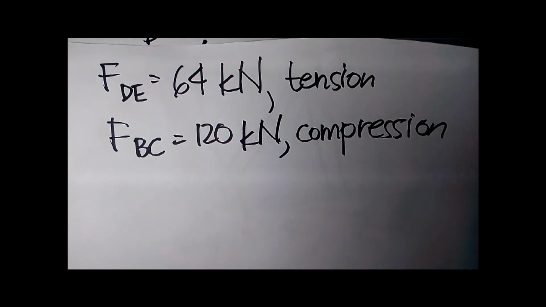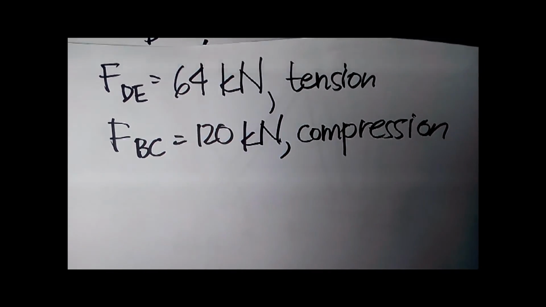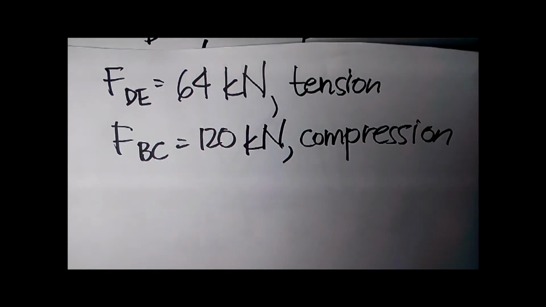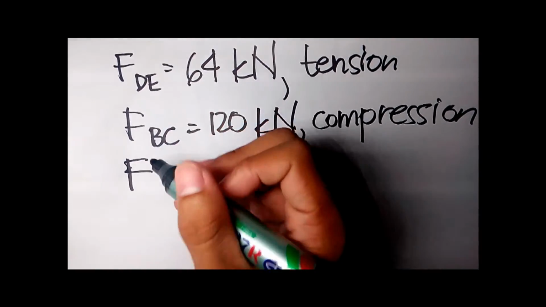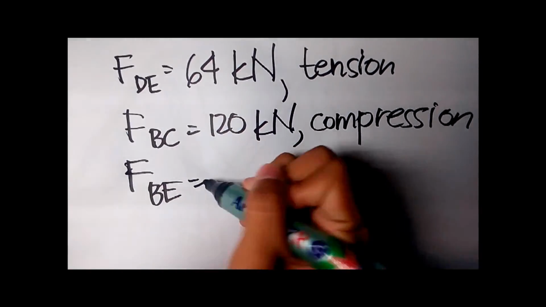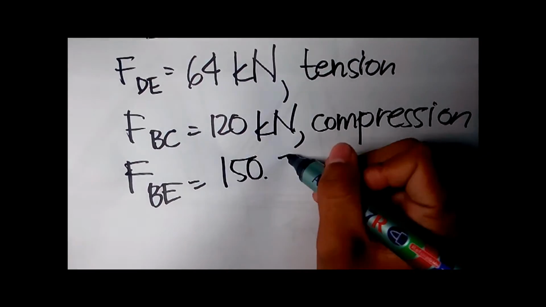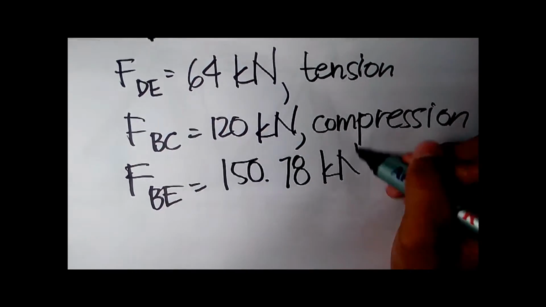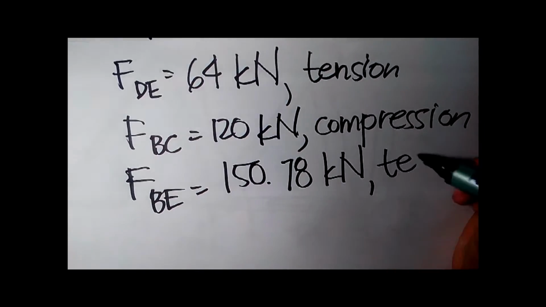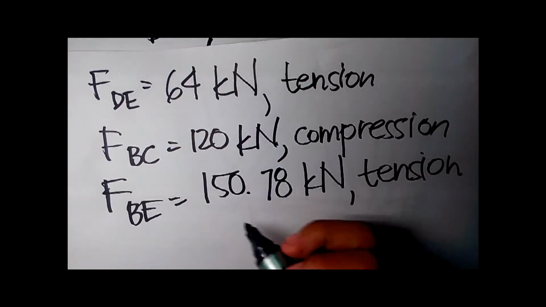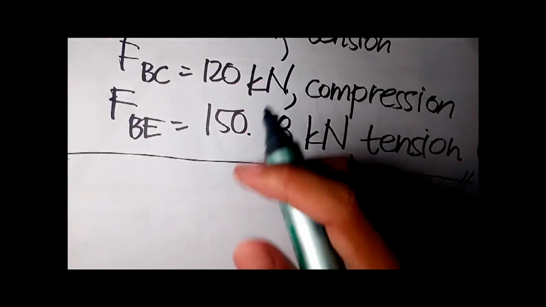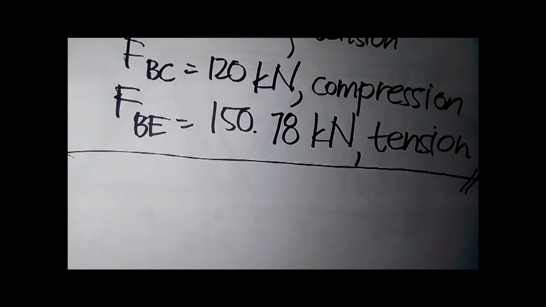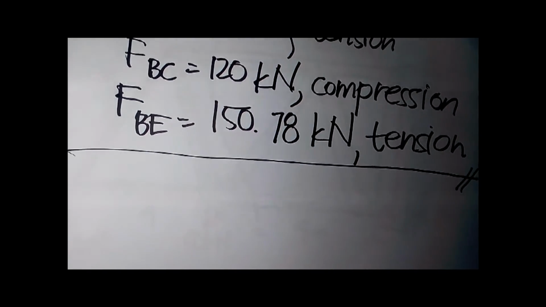And the force in BE, which is 150.78 kilonewton, and tension. So here are the final answers. So that ends our discussion about the method of sections.